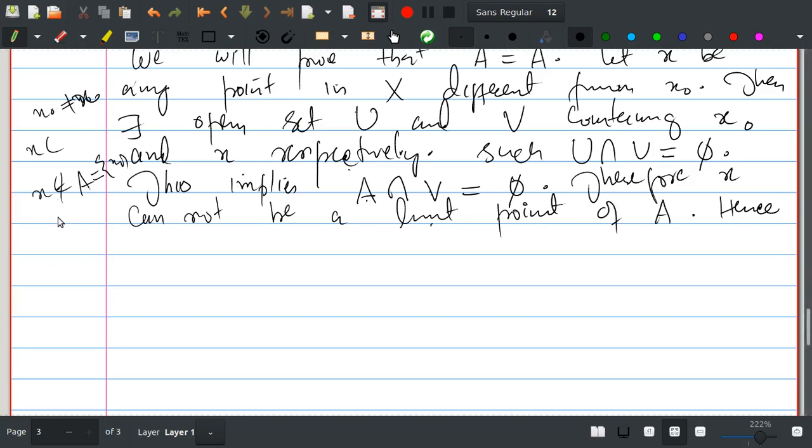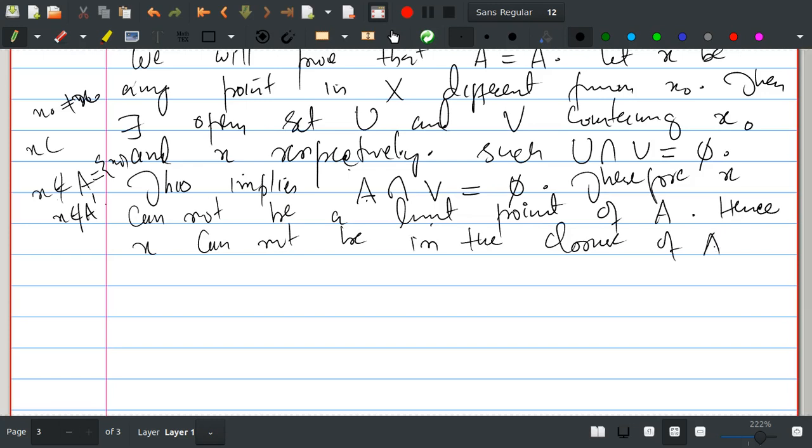Also we have proved x is not a limit point of A, hence x cannot be in the derived set. So this means x cannot be in the closure of A.